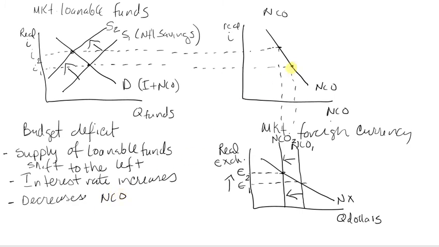So if we look here, we go from point A to point B. If you look at your x-axis, right, x is increasing as you go to the right. So we move to the left, which means that NCO is getting smaller, it's decreasing, okay? This decrease in NCO is going to shift the supply in the foreign currency exchange market to the left.